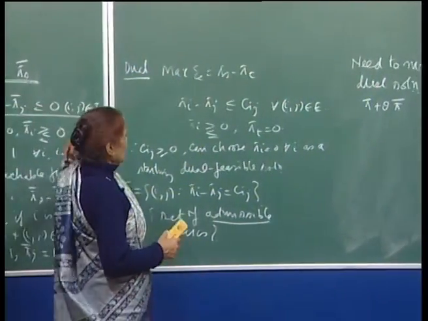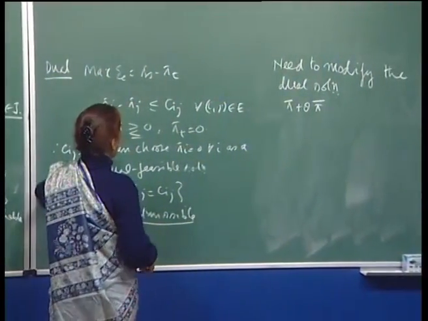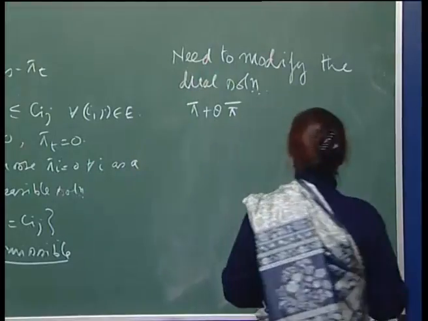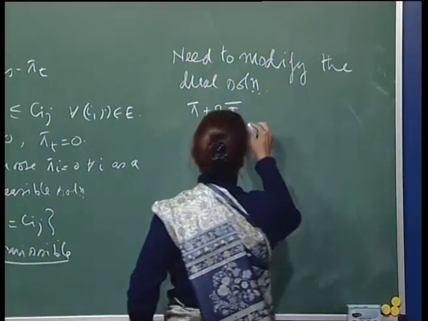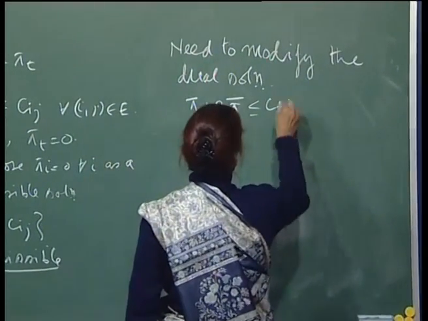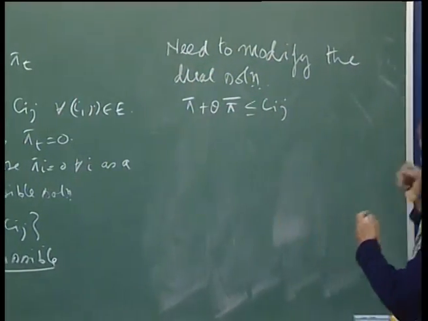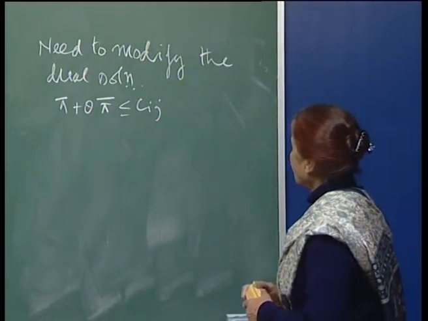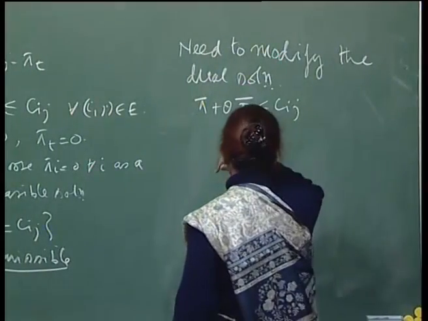So, you can see from here that an admissible arc, you want this to be less than or equal to Cij. I am just trying to think what is the best way to lead you to obtaining the value of theta. So, anyway, let us see, this is this, right.